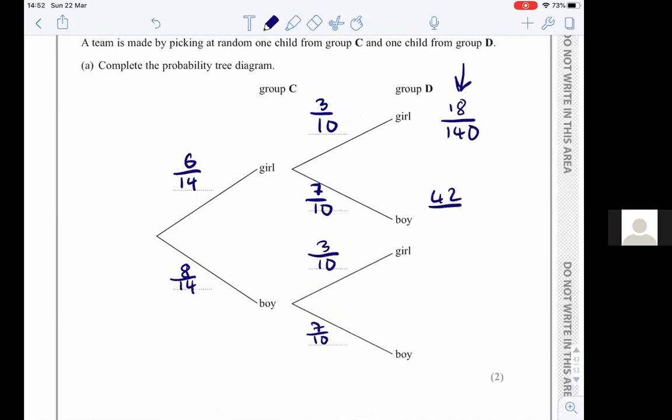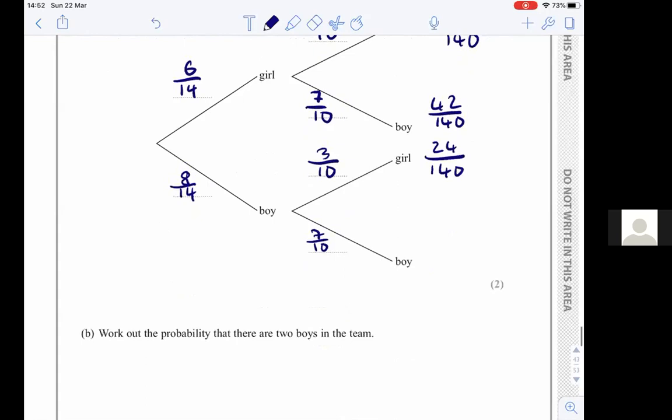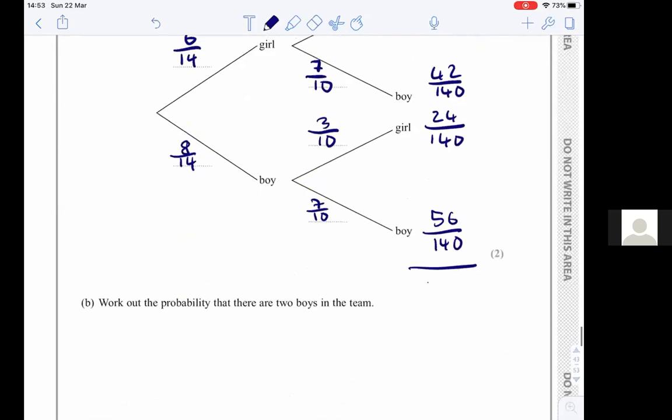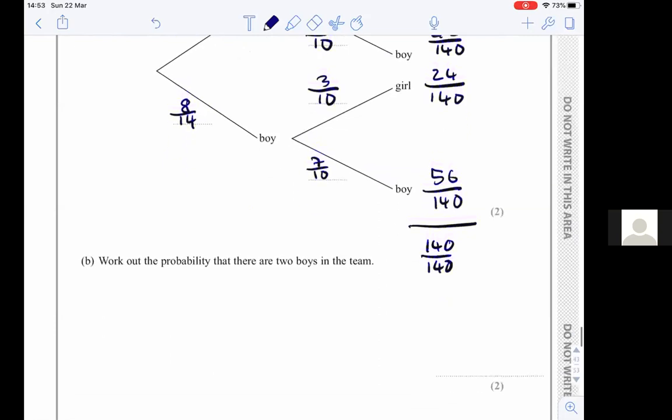So 42 out of 140, 8 times 3 is 24 out of 140, and 8 times 7 is 56 out of 140. And if you add all of these together, 18, 42, 24, 56, you get 140. So the total is actually 140 over 140.